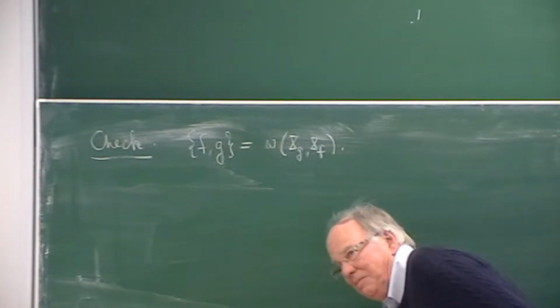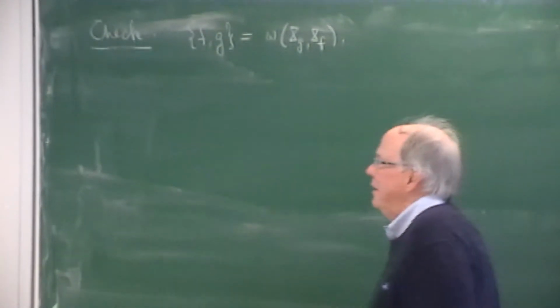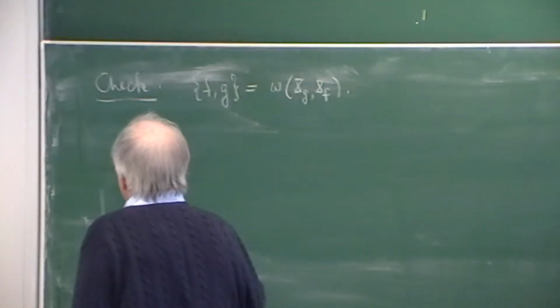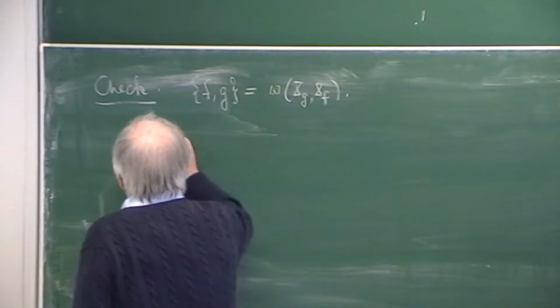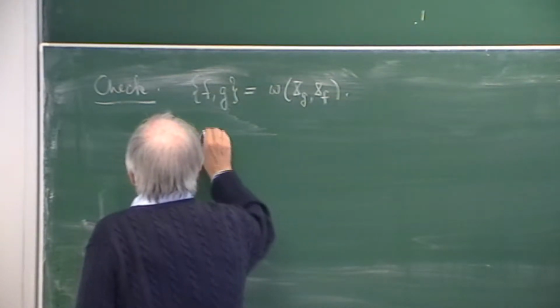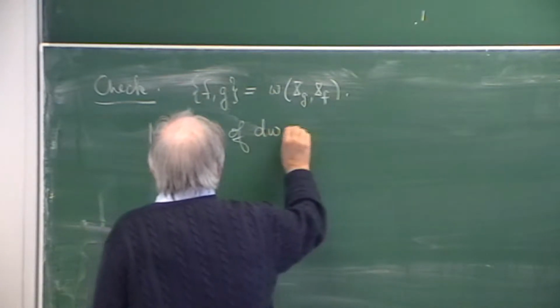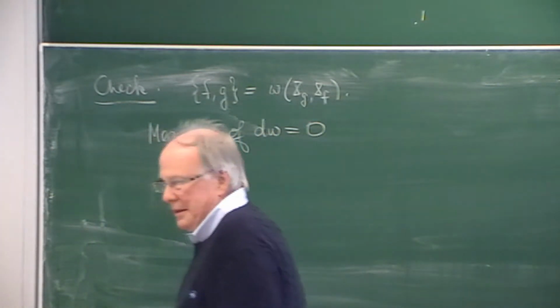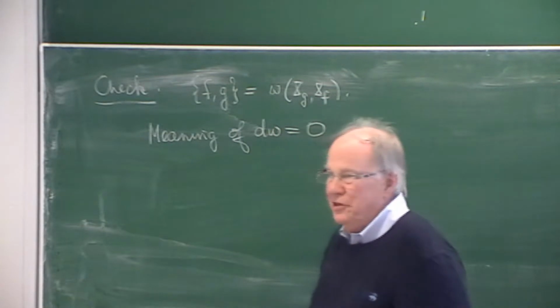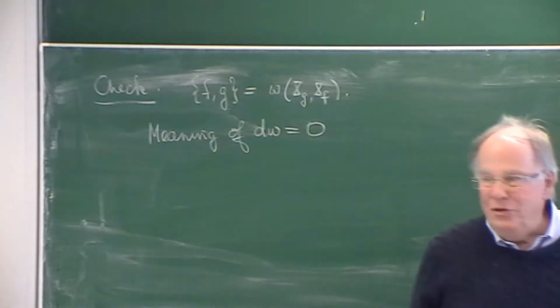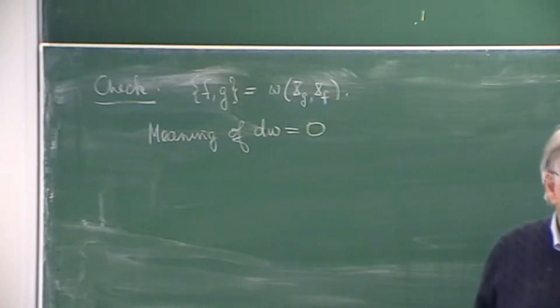And now you study what it means, meaning d omega equals 0. You write down what it means that d omega equals 0. You must agree that d omega is a 3-form.